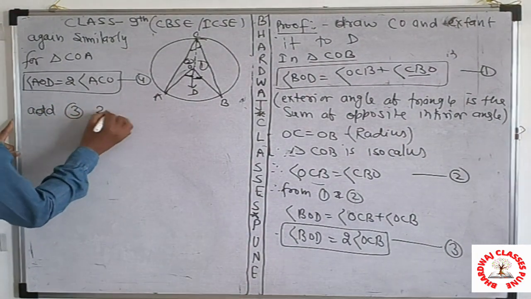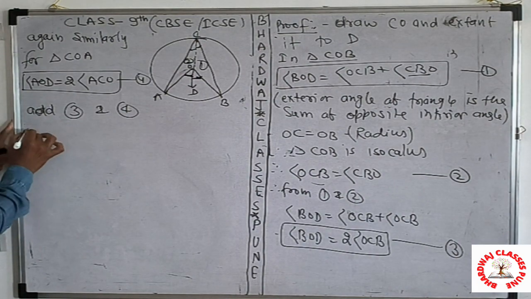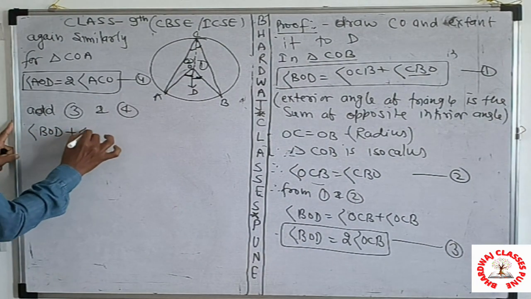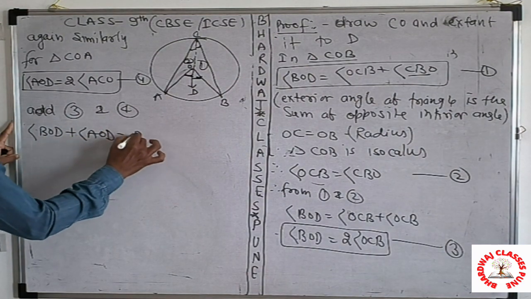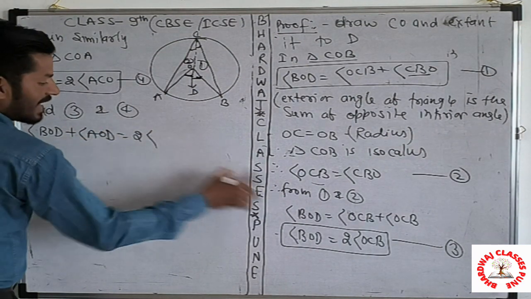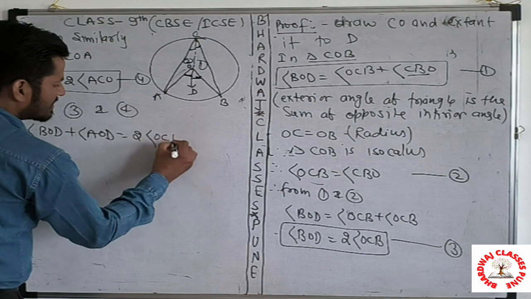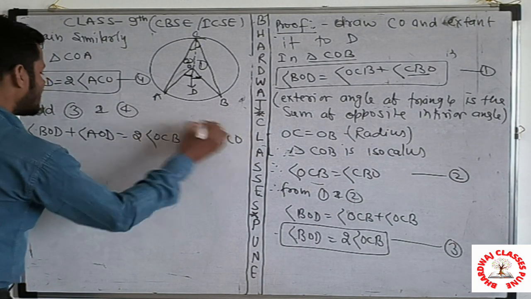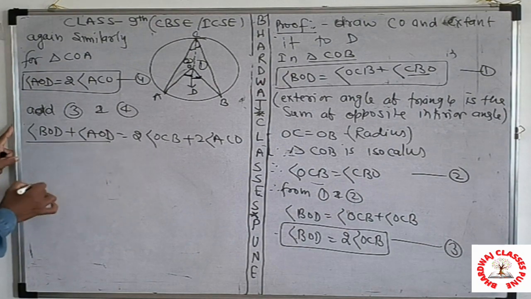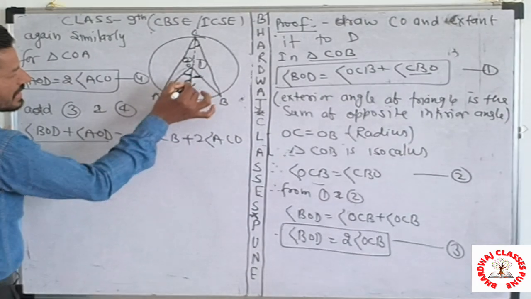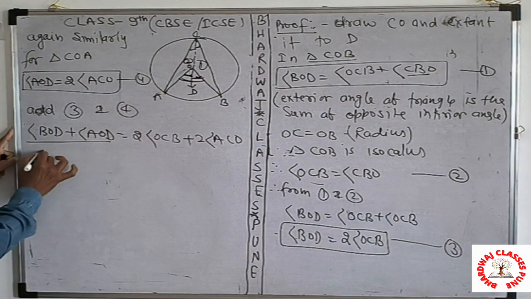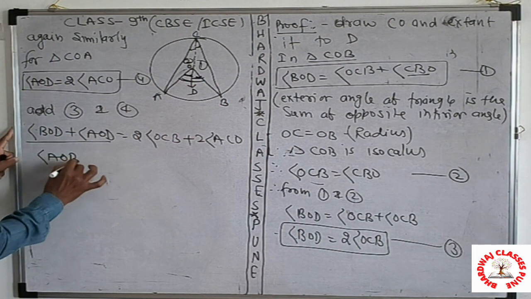Now add 3 and 4. You get angle BOD plus angle AOD is equal to twice angle OCB, the right hand side of the third, plus twice angle ACO, the right hand side of the fourth. You can see BOD plus AOD is completely the angle AOB.